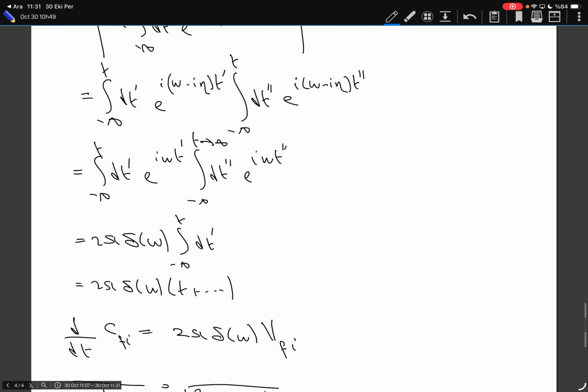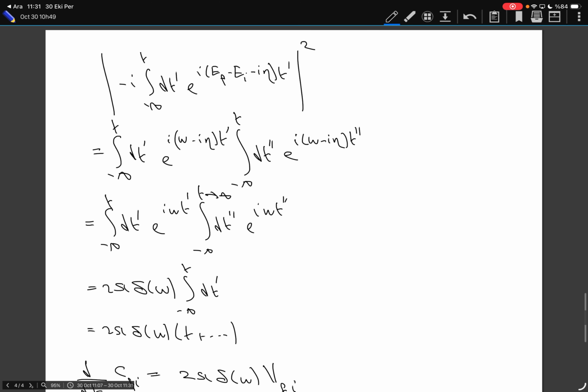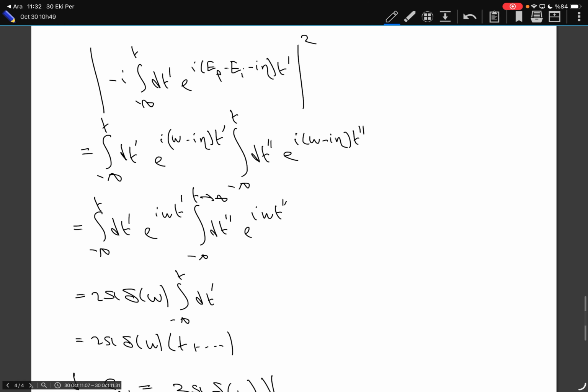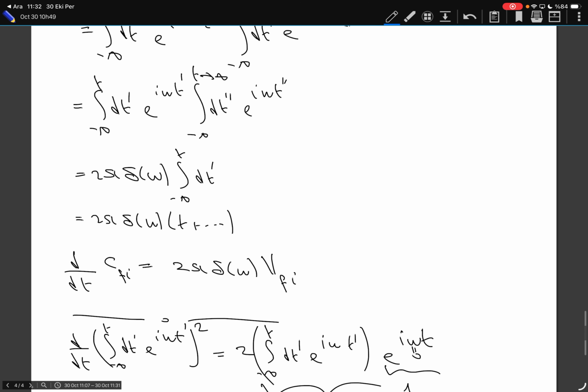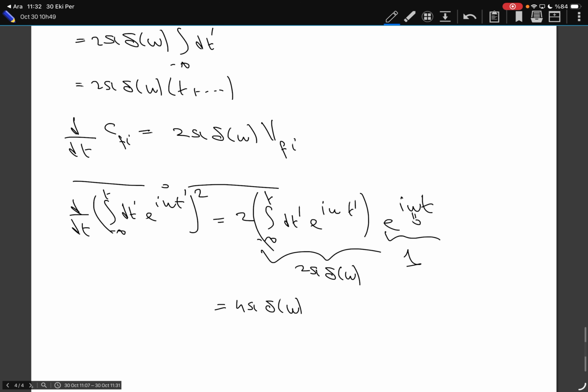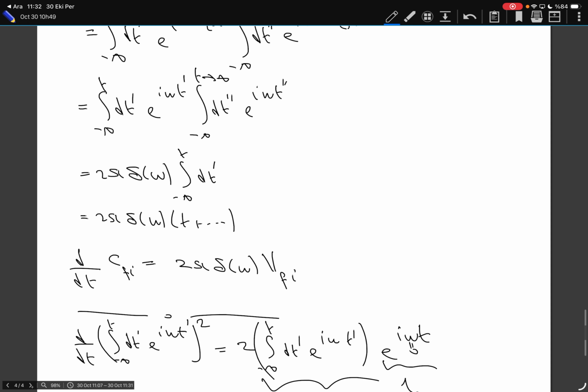Now the factor 2 seems to be more correct, because probably I have to do either this one very large and keep that one small, or this second one large and keep the first one small, and then there will be some corrections. If you put time going to infinity, when you take the limit, there must be 2t. So it is 4 pi Dirac delta. Where? Upper part. Here.